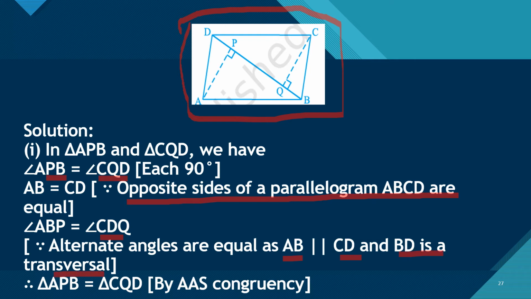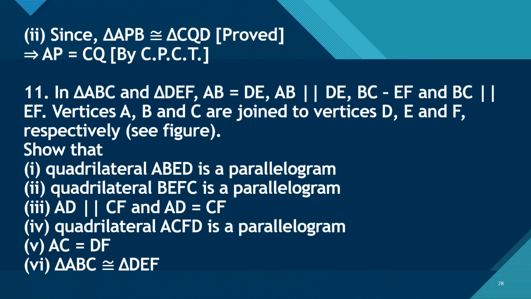Therefore triangle APB is congruent to triangle CQD by AAS criteria, angle angle side. Since triangle APB is congruent to triangle CQD, AP is equal to CQ by CPCT, corresponding parts of congruent triangles are equal.